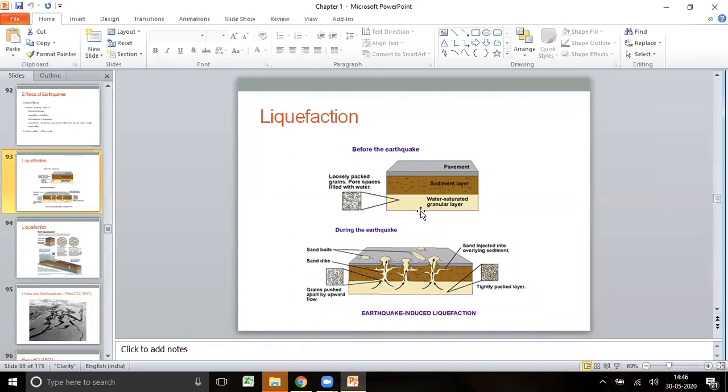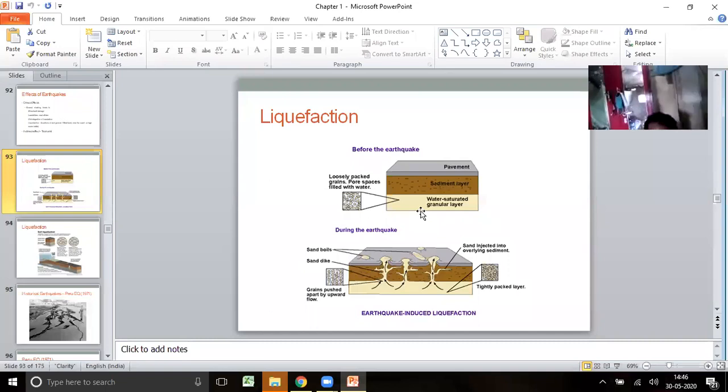When the effective stress becomes zero because of this increase in pore water pressure, it leads to reduction in shear strength of the soil. The shear strength of the soil also becomes zero due to the effective stress becoming zero because of the high pore water pressure.